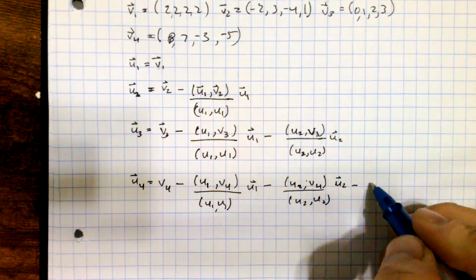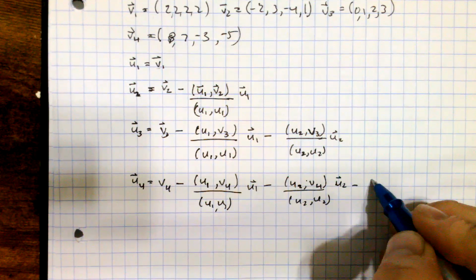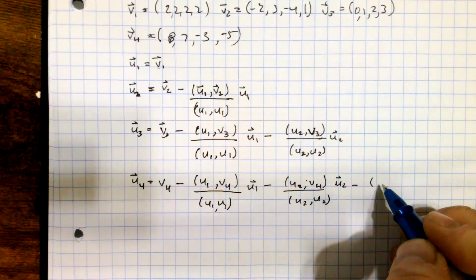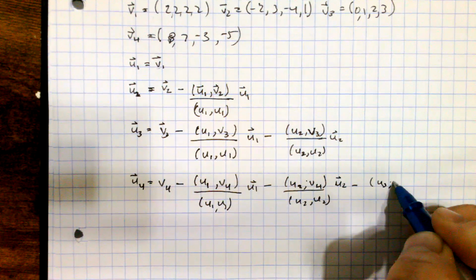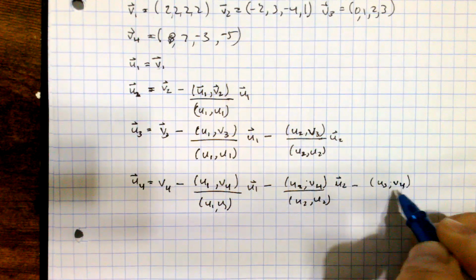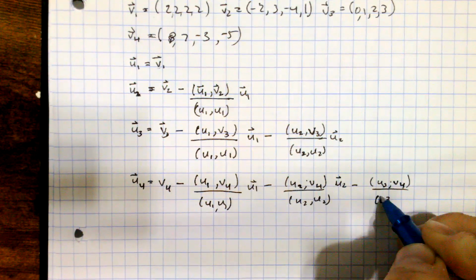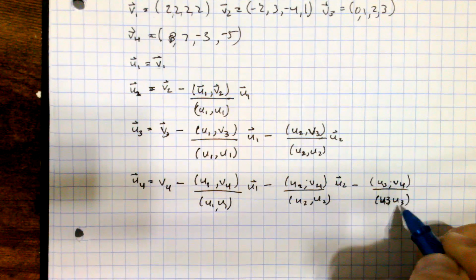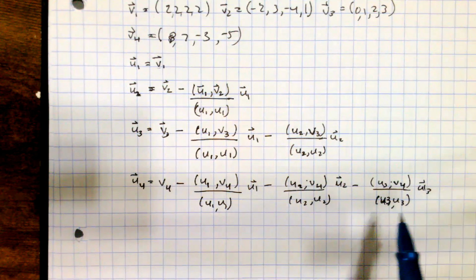And then finally, we have the parallel component we need to subtract off along the last vector that we just constructed, which was u3. Sorry, I said v3, I meant u3 that we were constructing, along u3. All right, so this is the vector that we're going to be working with here.